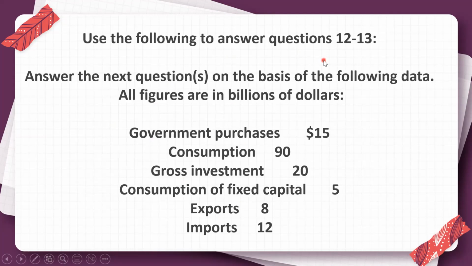GDP by the expenditure approach equals consumption plus investment plus government spending plus net exports.